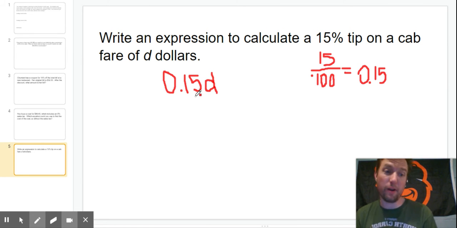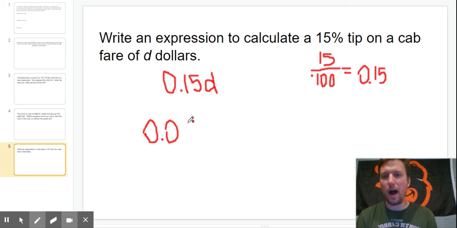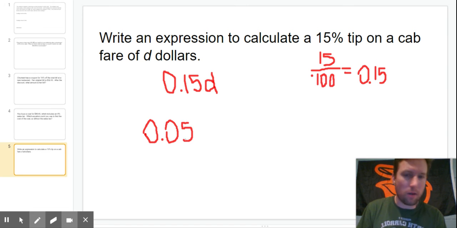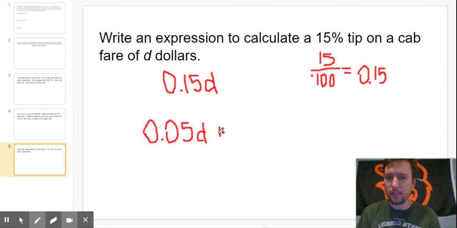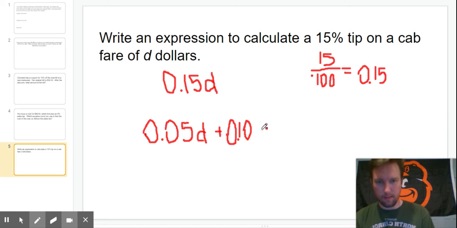Now, another way, if we wanted to get really fancy, we could break up this 15 hundredths, and perhaps we could write it as 0.05, and then we could take that and multiply that by D, which would be our dollars, plus 0.10 or 10 hundredths times D. And we have 5 hundredths plus 10 hundredths.